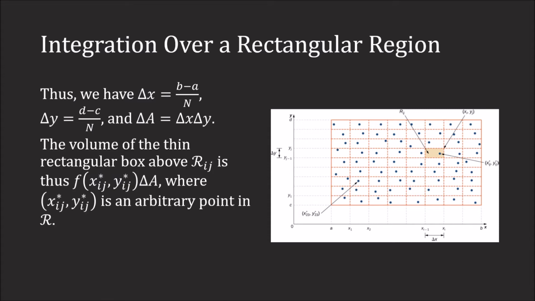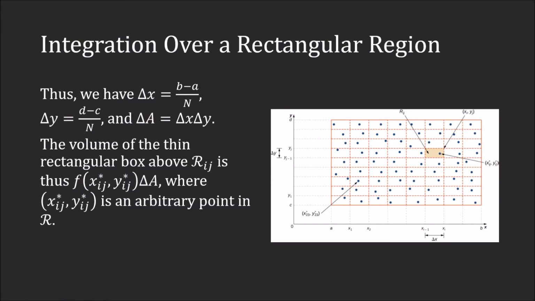So for the thin rectangular box over R sub ij, let's take a look right here. It has length delta x and width delta y, so its area is delta x times delta y. Now the volume of the thin rectangular box above this subrectangle here is f(x sub ij star, y sub ij star) times delta A. Remember, volume is the area of the base times the height.